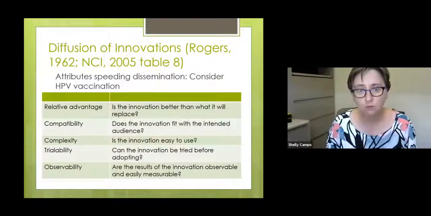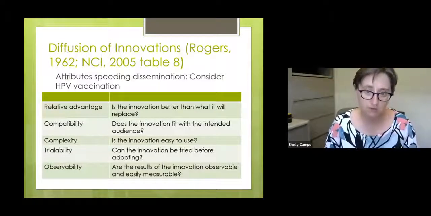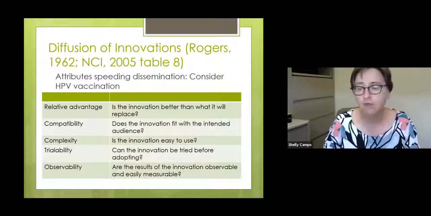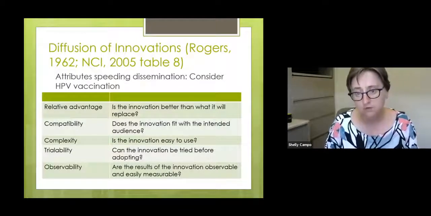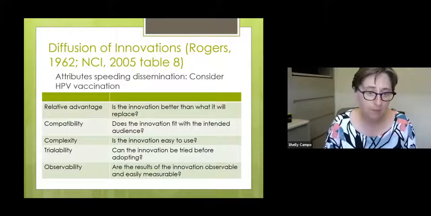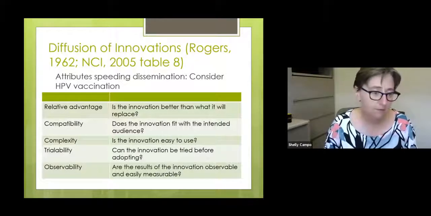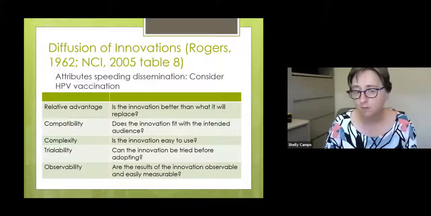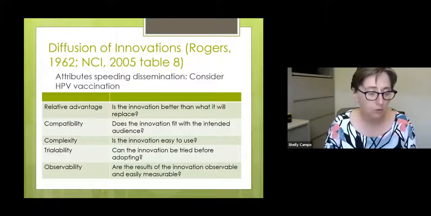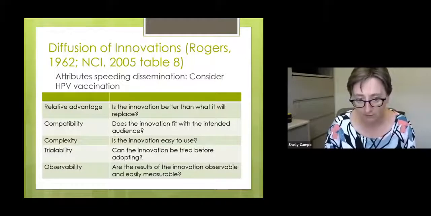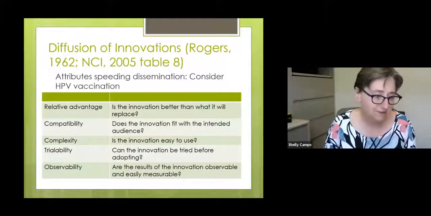Everything that you are selling in terms of your solutions, you'll need to think about what the attributes of that thing are. So, is what you're suggesting better than what's available now or what it will replace? Is it something that your community finds culturally or personally or in their family situation compatible with their daily lives? How complex is that thing?